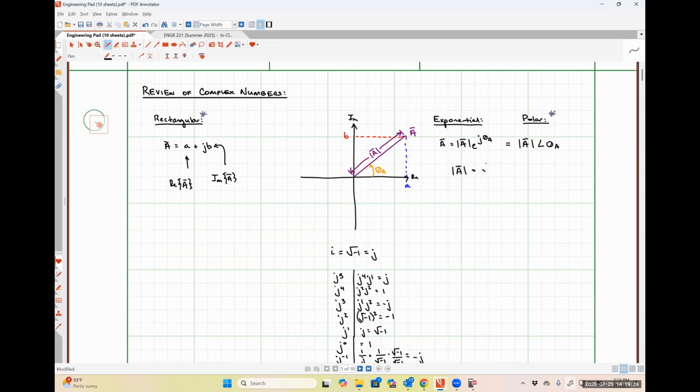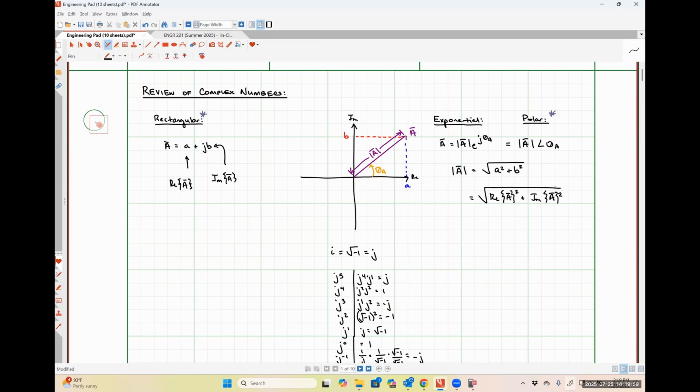So it's simply going to be the square root of a squared plus b squared, which I can generalize to be the square root of the real part of complex number A, quantity squared, plus the imaginary part of complex number A, quantity squared. So that's how I get my magnitude if I know my rectangular components, okay?